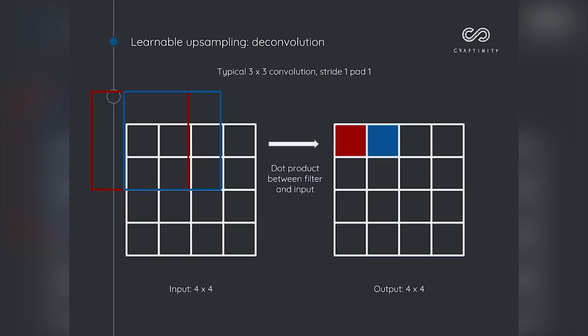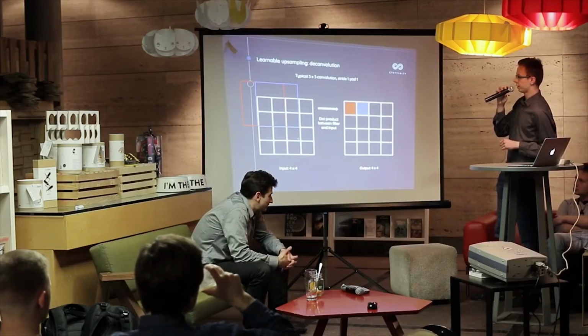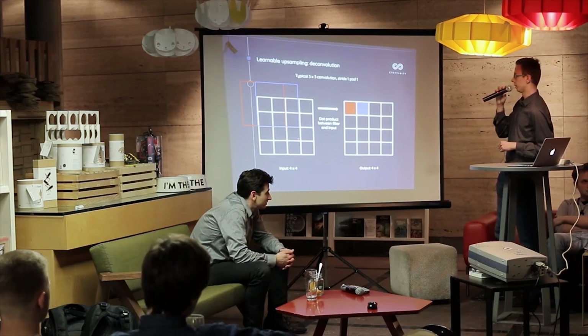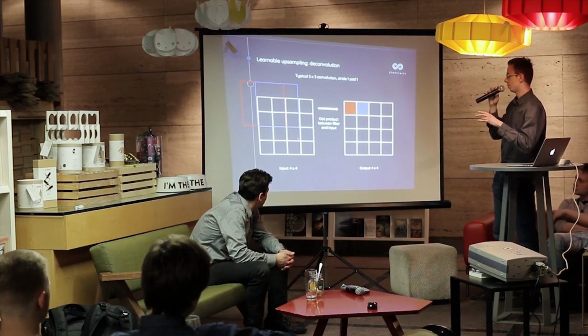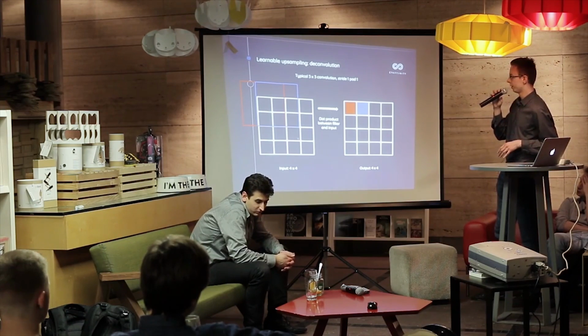So we are going with this sliding window, and we are multiplying the filters. The red square represents our filters, and the values of pixels are in the white box with many squares.